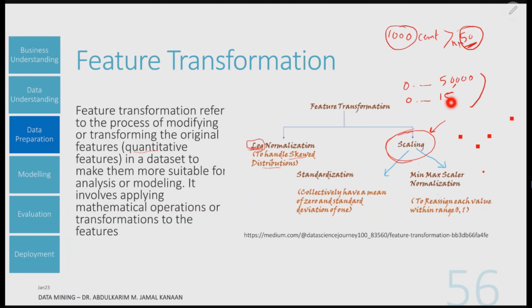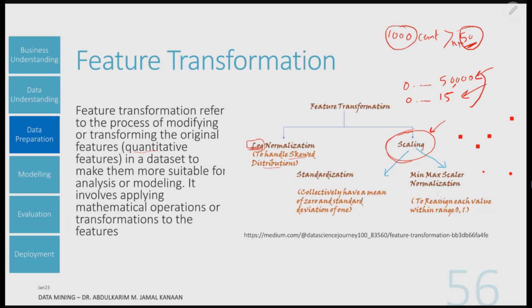Same here. Some algorithms may think these features become dominant because they have larger values, but actually their value is not as important as the value of the other feature.